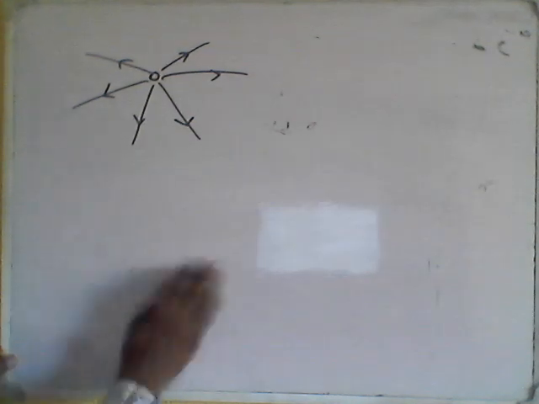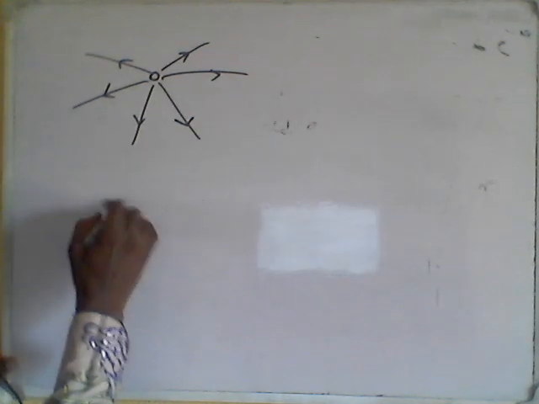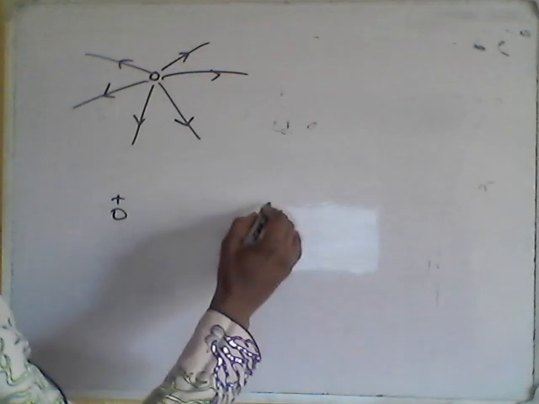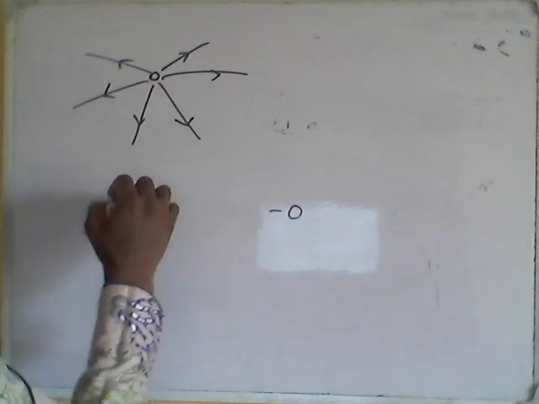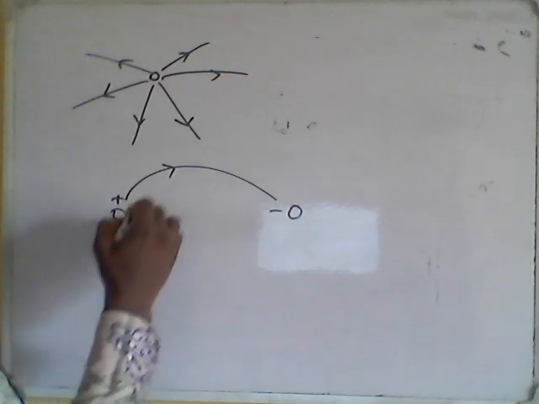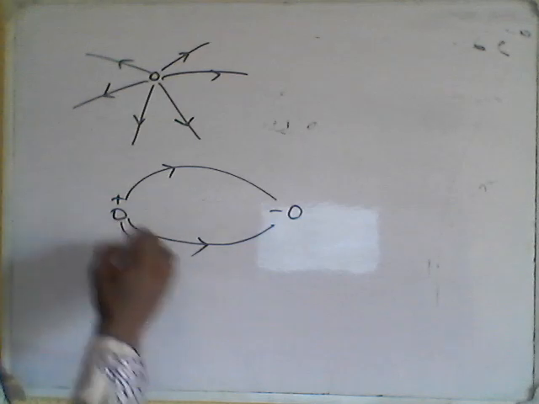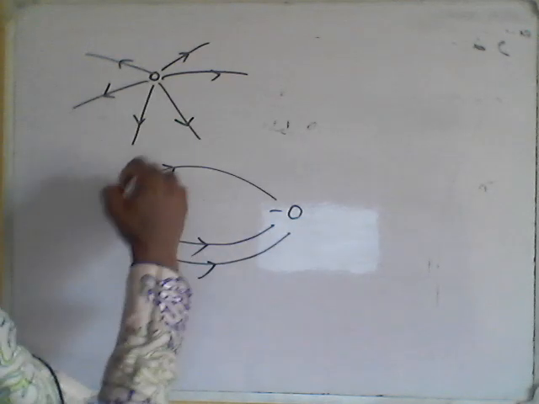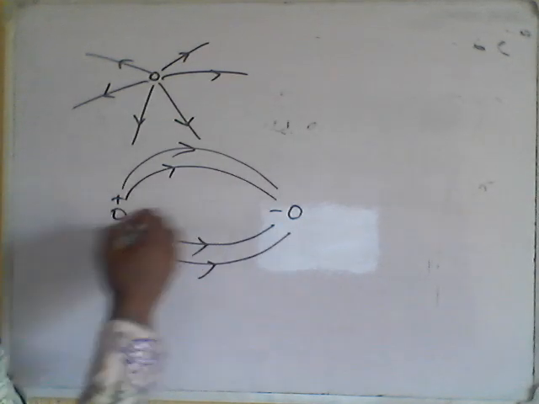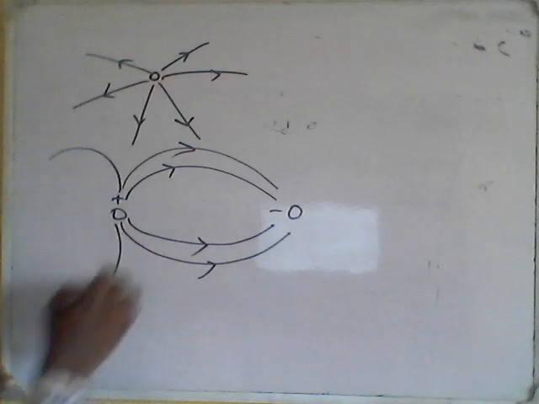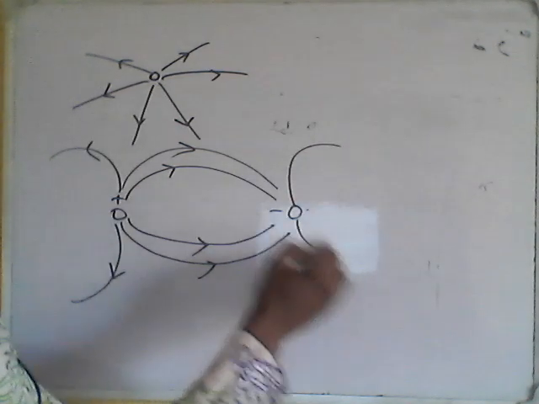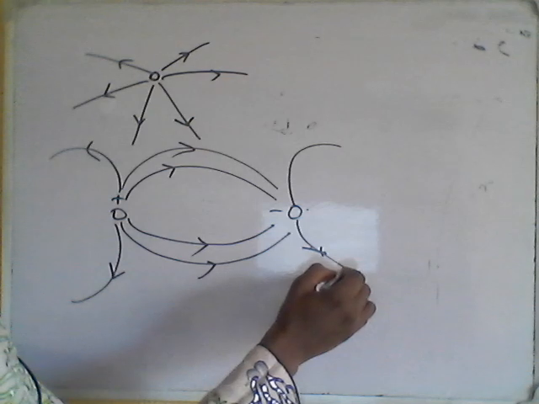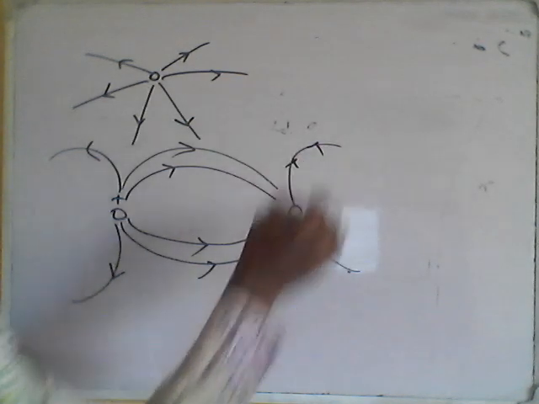If you have a positive and a negative charge interacting, we say unlike charges attract. So you see that the lines of force will go like this, like this, like this. So there's an attraction. It's just showing us the direction of the lines of force.